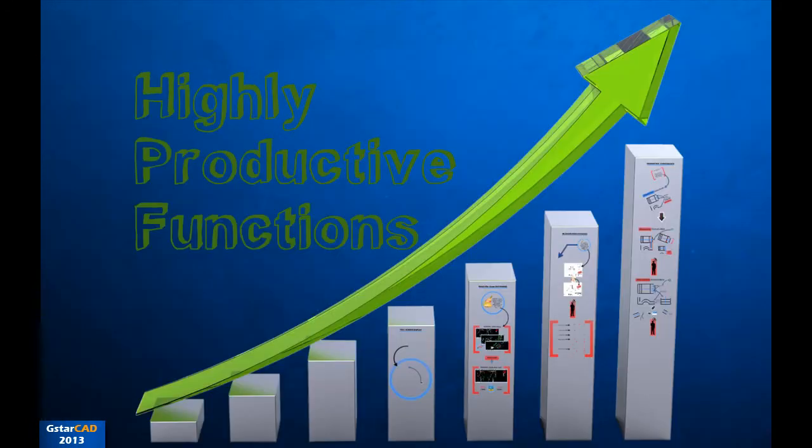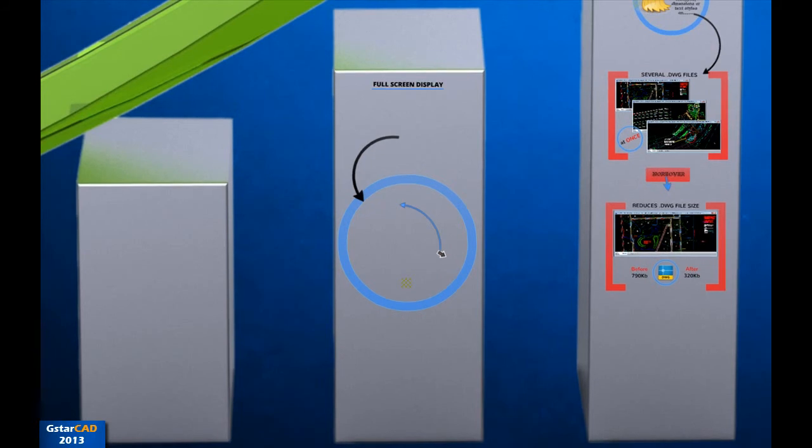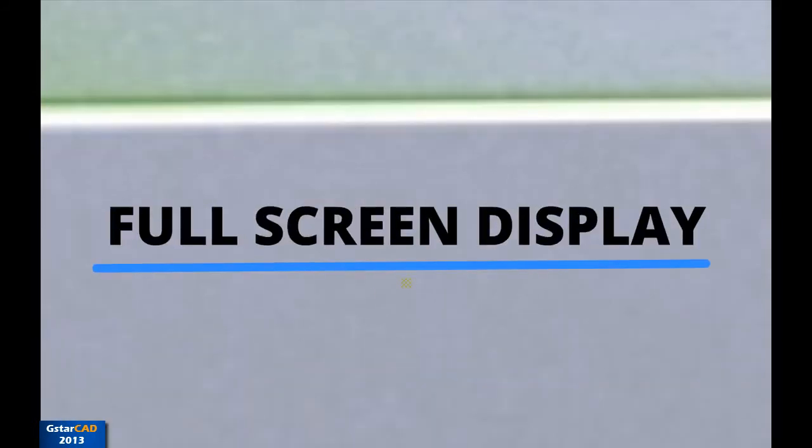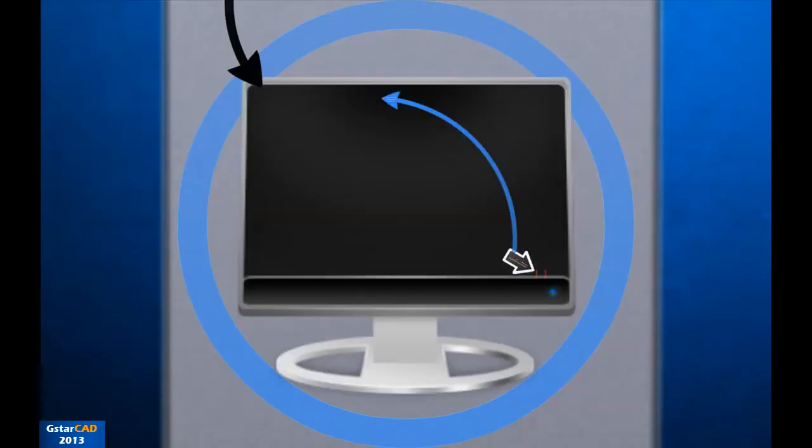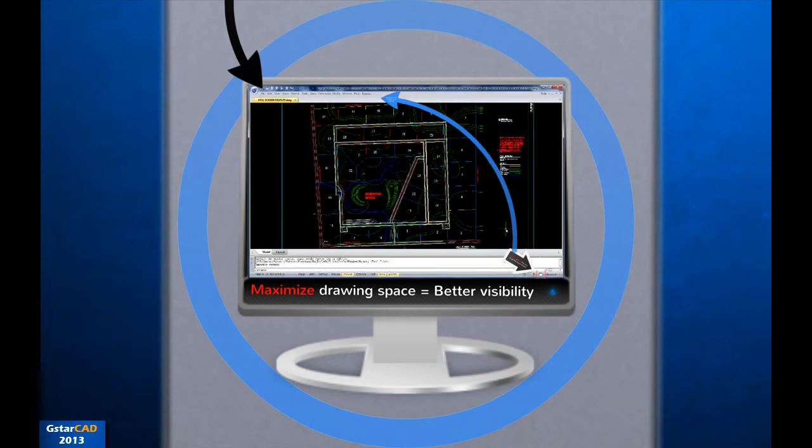Let's see the last productive function. Full screen display. If you want to gain more workspace, you can apply full screen display, and you can maximize the drawing space. If you maximize the drawing space, you can get better visibility.